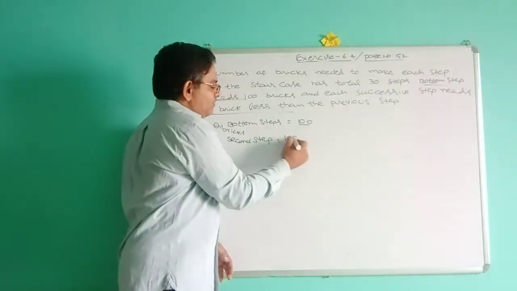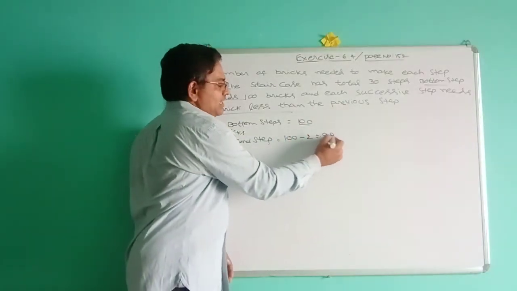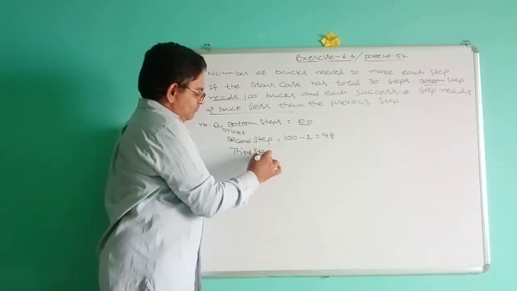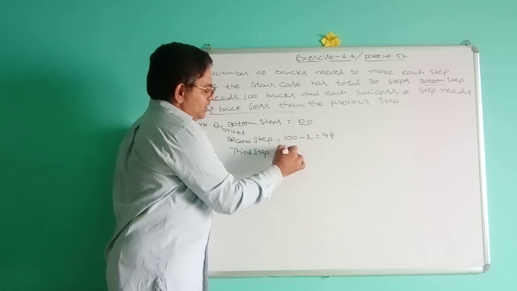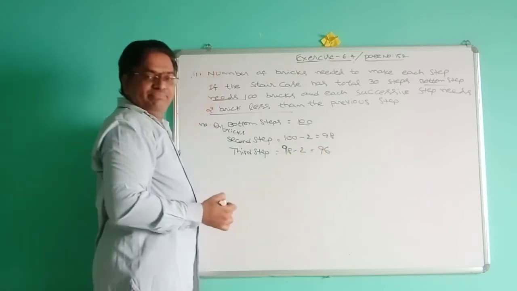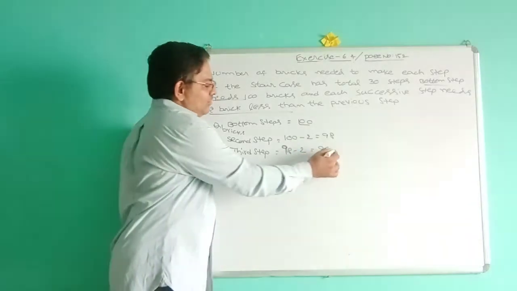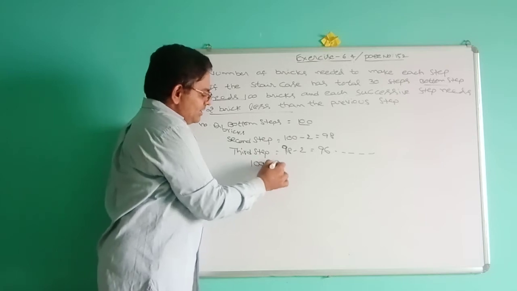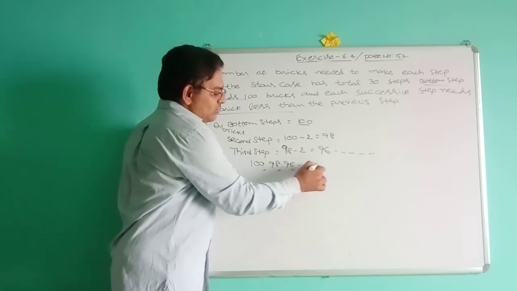That means 100 minus 2. How much? 98. Third step, how many? 98 minus 2. How much? 96. Like that we will go on. So here what happened? 100, 98, 96 going on.